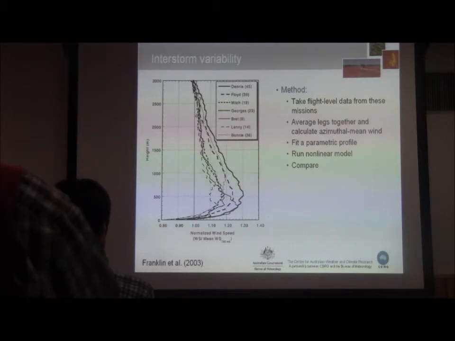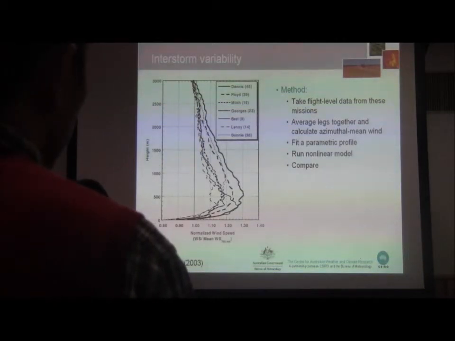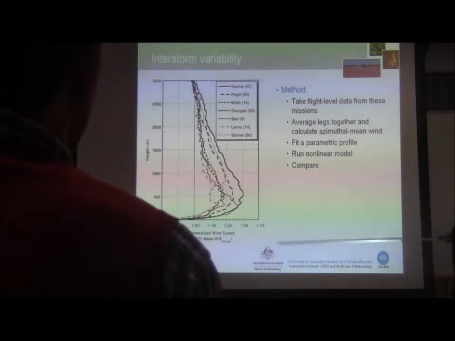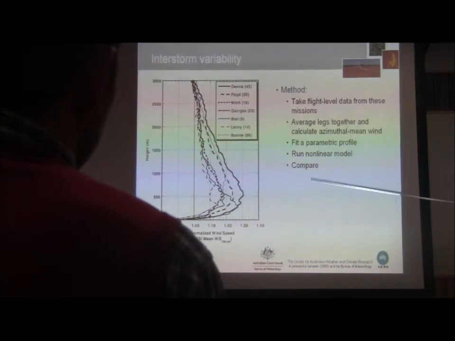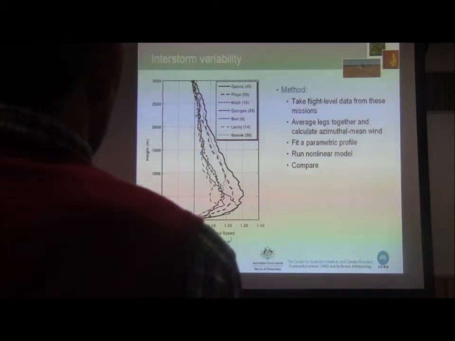Interstorm variability. This is some work I did a few years ago, and I have never quite tidied up and published. But I think this is quite neat. It's inspired by James Franklin's nice figure. For each of these storms, I took the flight level aircraft data on the day, and I calculated a mean radial profile of the wind.